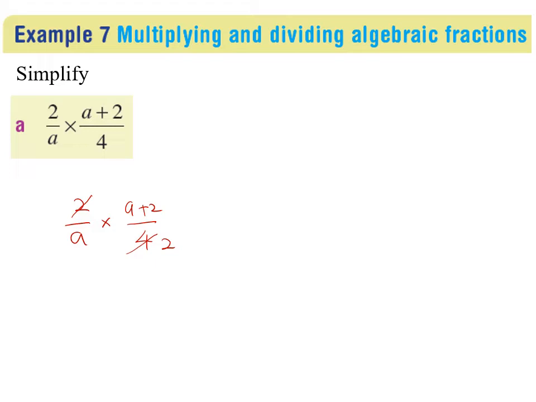Now, warning, you can't cancel this a with this a, because that one is a plus 2. A on the numerator is not a common factor. So I can write a plus 2 divided by 2 times a. Okay, and that's it. We can't simplify further.